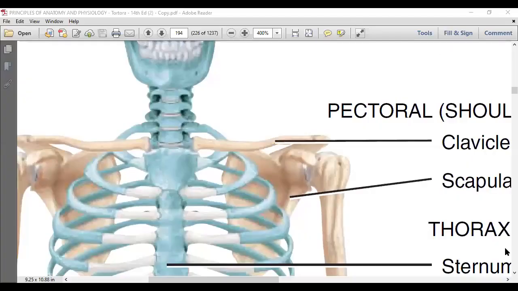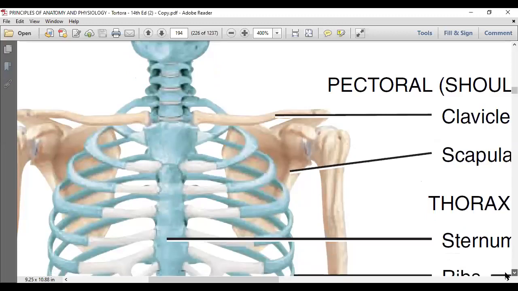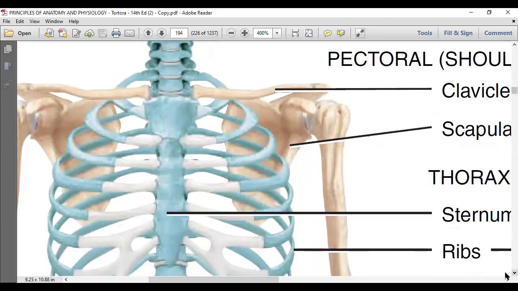Okay, then let's talk about everything. That means we are closing this here today. You can see the ribs are attached to the sternum. That is the manubrium, sternebrae, and xiphisternum. The ribs attach at this white portion.